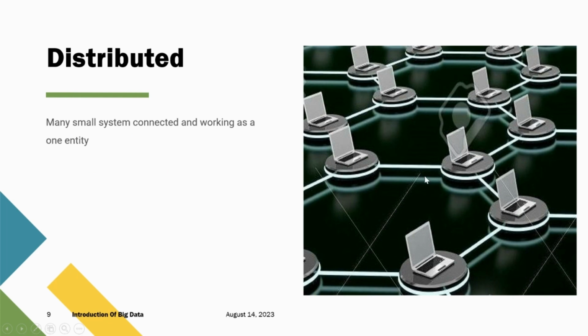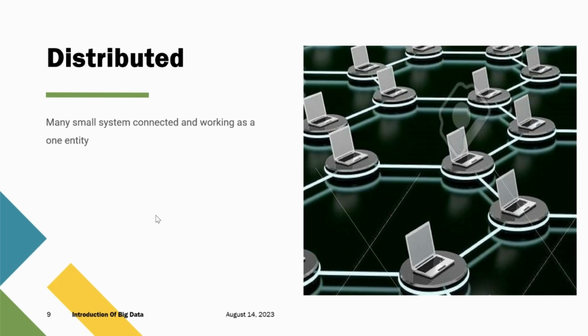We'll see how this increases the capacity of storing, manipulating, and processing the data. Because if we are scaling one powerful server, how much can we scale it? There will be a serious limitation, a certain point after which you cannot scale it.